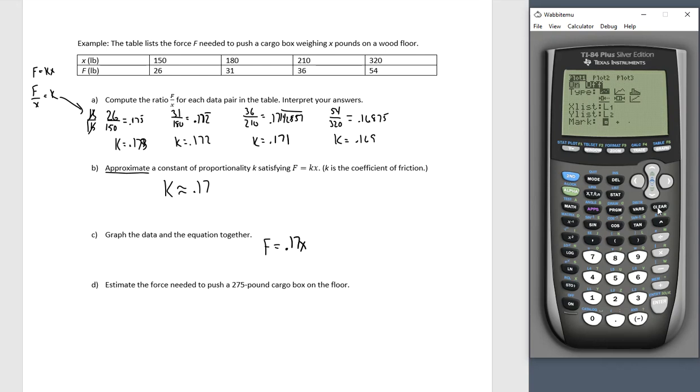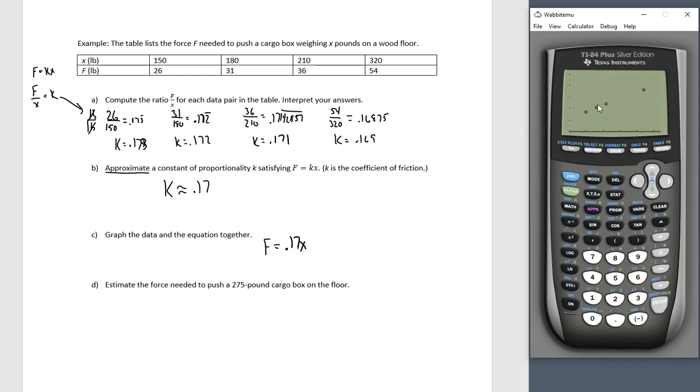Let's graph these stat plots. Plot 1 is off, so let's turn that on. For my window, my x values should go from 100 to 370, going by 50. The force we have to apply, let's go from 0 to 75, by 15s.